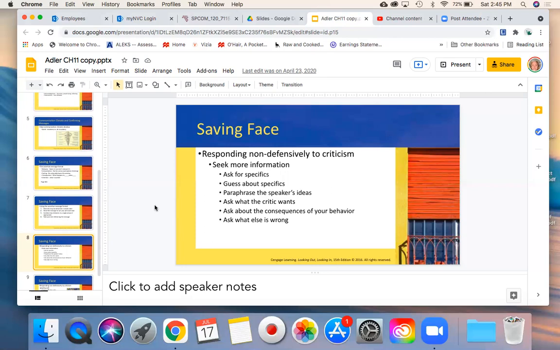So that is a lot to ask when you're being criticized, especially if somebody is belligerent to you. But it's a lot to ask to respond non-defensively. The only thing I can say is if you respond defensively, you're entering the conflict spiral.